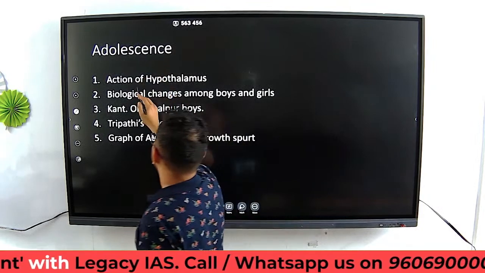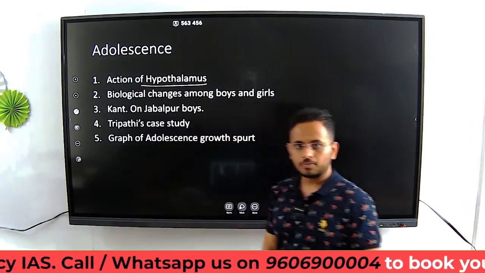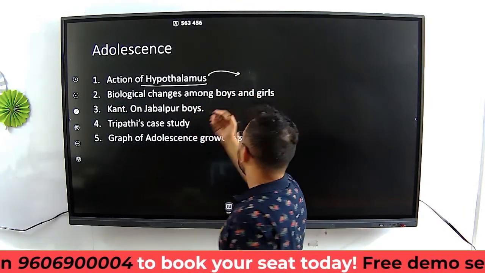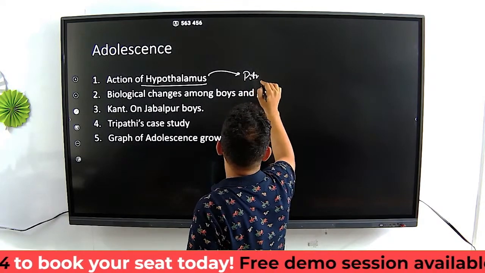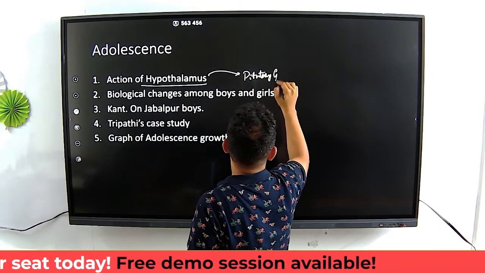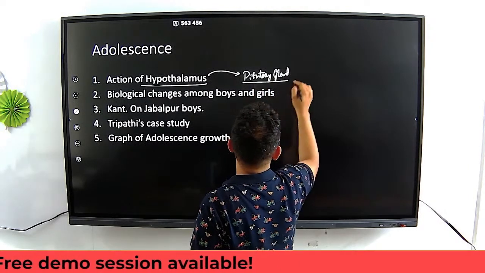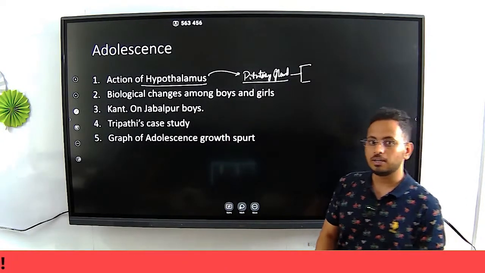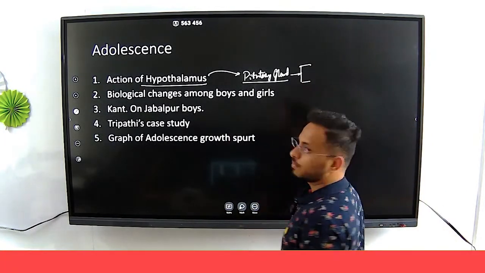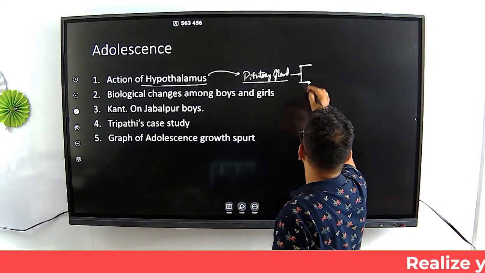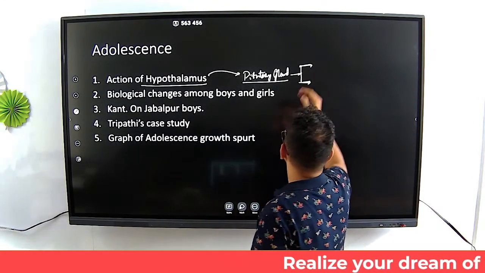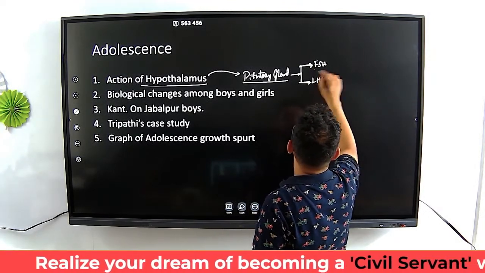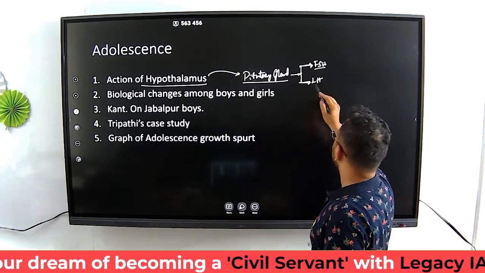First one, adolescence, action of the hypothalamus. That part of the brain, the hypothalamus, activates an important gland called the pituitary gland, and the pituitary gland is very much instrumental in the activation of gonads, and we have the secretion of the hormones called FSH and LH, follicle stimulating hormone and luteinizing hormone.